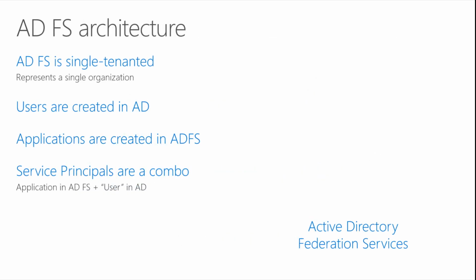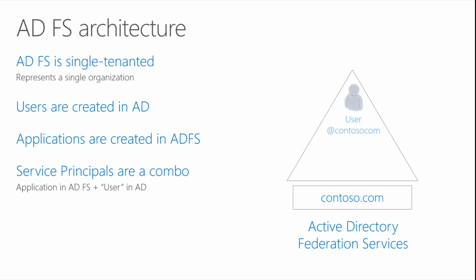This will describe what happens when we use ADFS or Active Directory Federation Services. The key points, as we briefly mentioned, ADFS with Azure Stack is single-tenanted. There is one directory, one forest. You have a user. You can create applications. The instance is the latest version of Active Directory Federation Services, which is 2019.